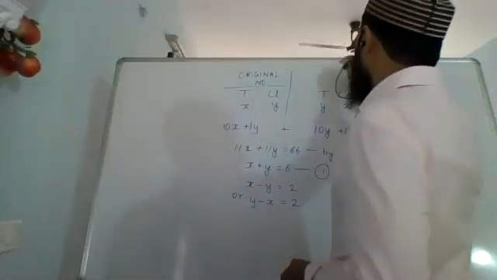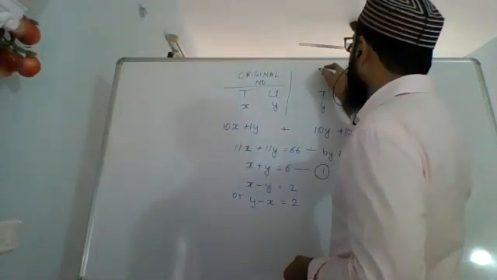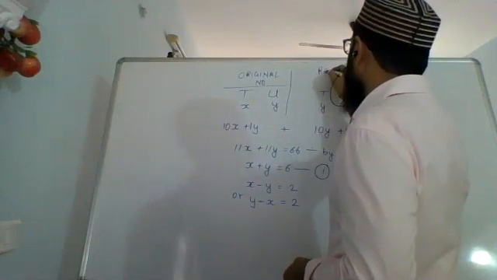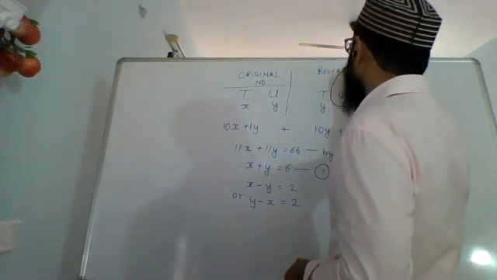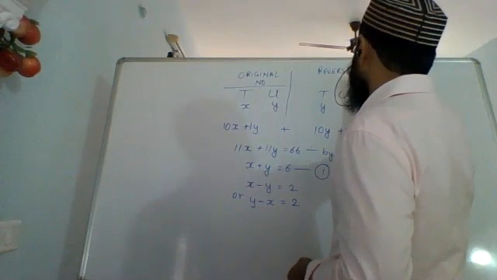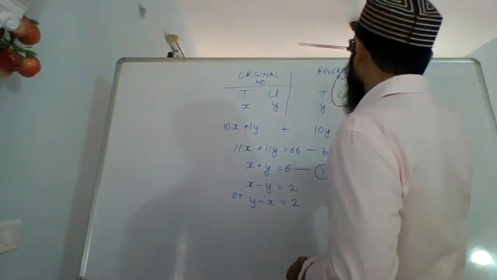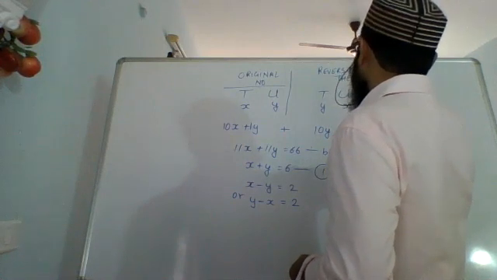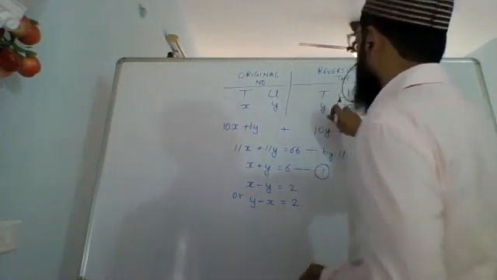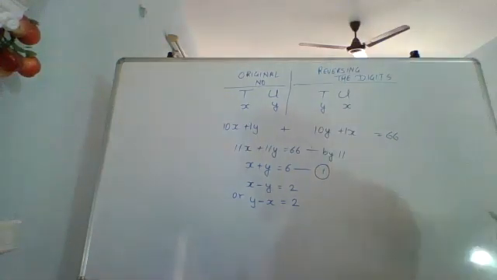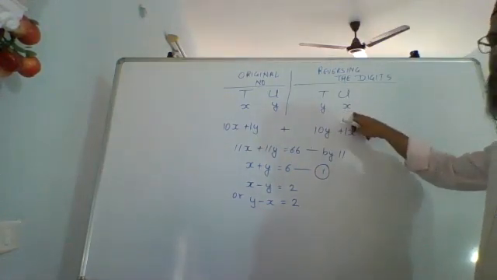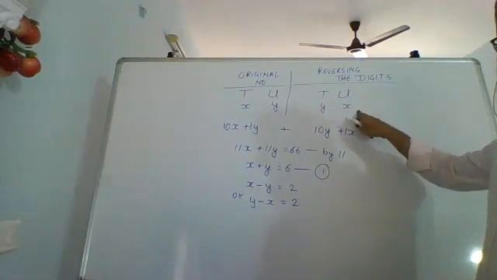And the number obtained after reversing the digits will be this: y in the tens place and x in the units place.